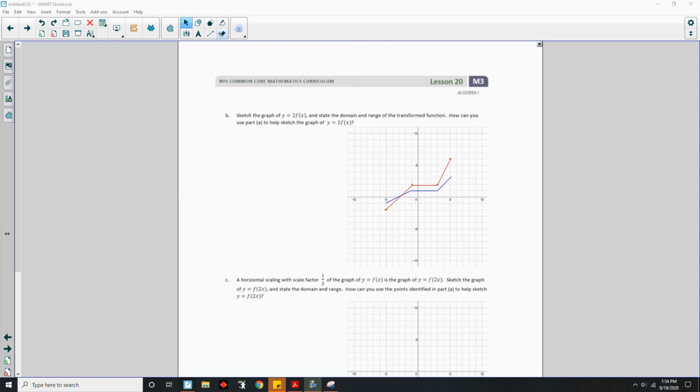Okay, so there is y equals 2 f of x, and the blue one is y equals f of x. So we just used the graph and doubled all of our y values. So this was 1/2, double of 1/2 is 1, and here it was 0, and double of 0 is still 0. That's why they intersect there.